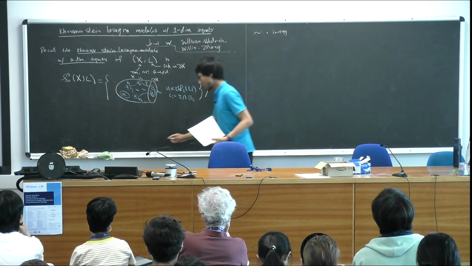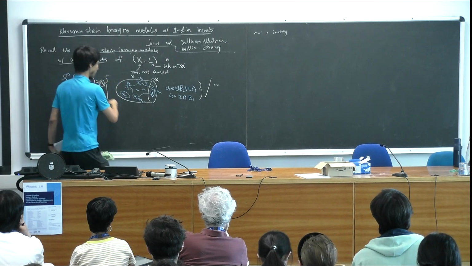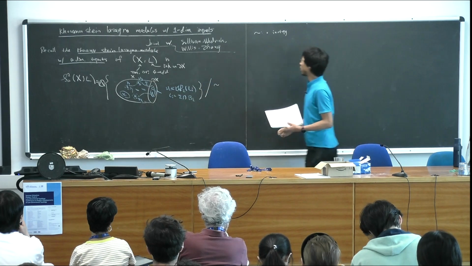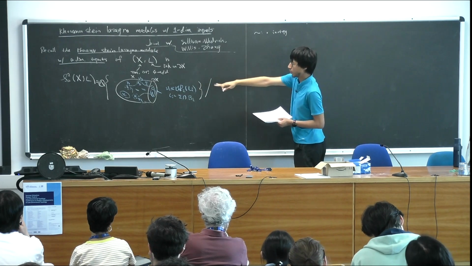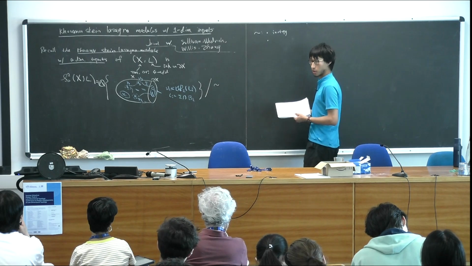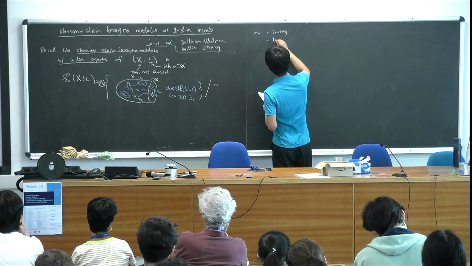Okay, sorry, this is a vector space generated by those lasagna fillings over coefficient field Q. If I isotope such a lasagna filling, this should not change the class it represents in the skein lasagna module. The second relation is linearity.